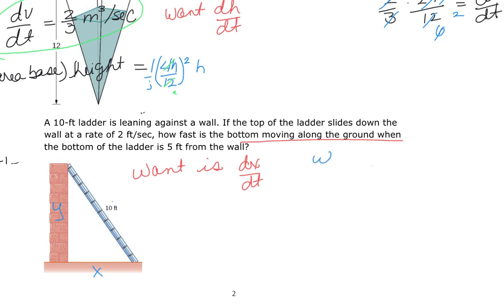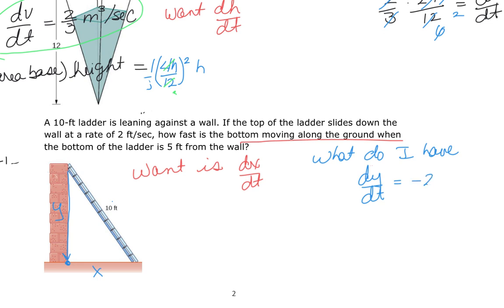What do I have? Well, I have the dy/dt. Now, it's going down the wall. I'm going to consider the point where the wall and the ground meet as the origin. So this is actually a negative number.